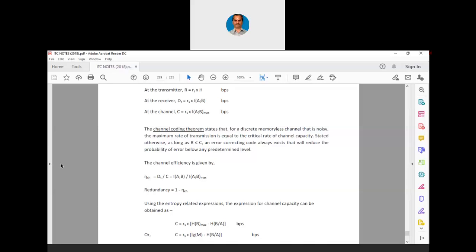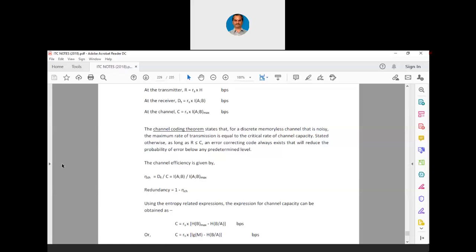In the same way, a channel is characterized by its channel capacity. It may be an optical fiber, it may be a coaxial cable, it may be a normal 2-pair cable also. Each channel will have its own defined capacity. Now the data rate should not exceed the channel capacity.